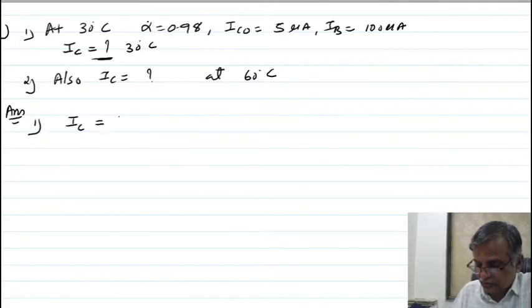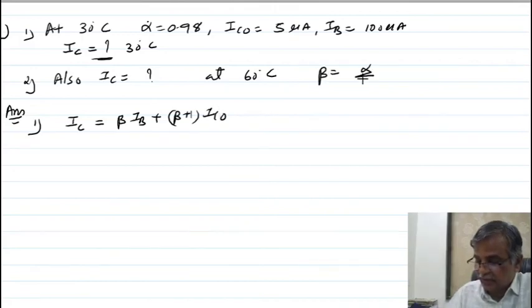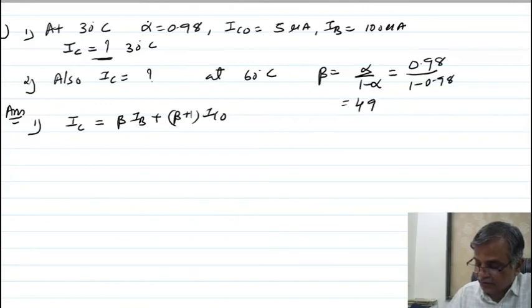Answer. First, IC is equal to beta IB plus beta plus 1 ICO. Beta is alpha upon 1 minus alpha, 0.98 upon 1 minus 0.98, so it is 49. So I am writing 49 into IB.